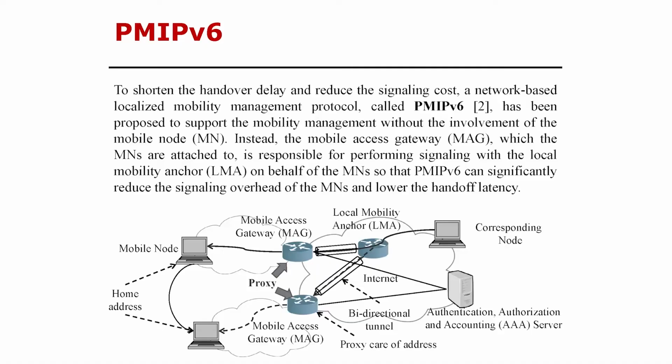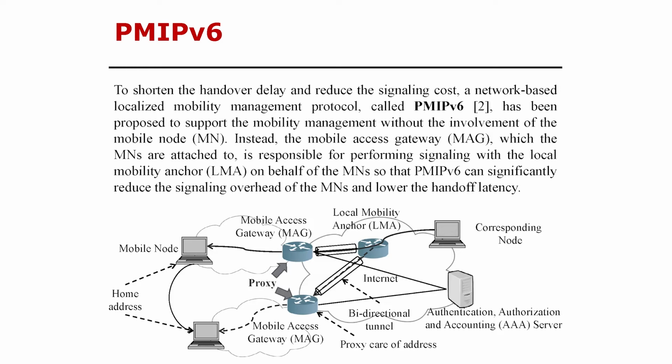In this proposal, there are a lot of issues involved. First of all, the gateway. The gateway is called the mobile access gateway, and further in the backbone network, there is a local mobility anchor, and further the corresponding node.